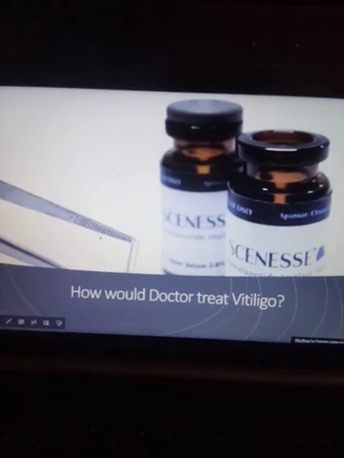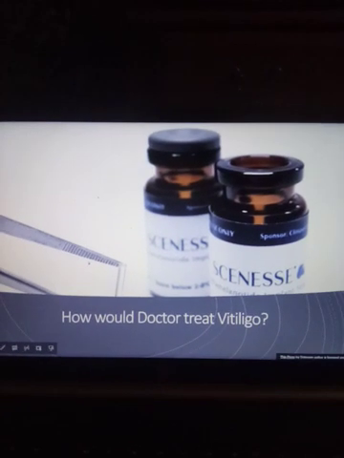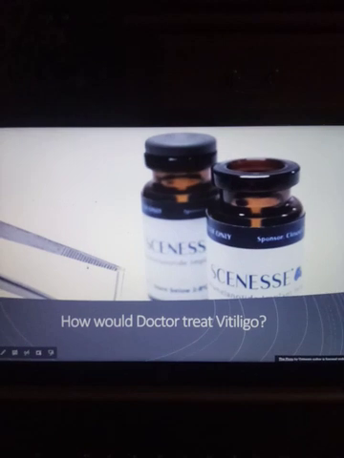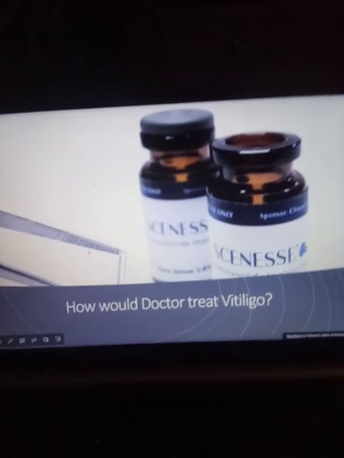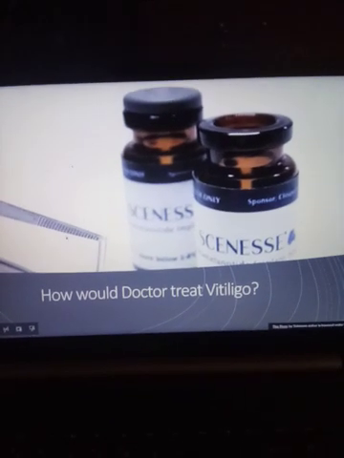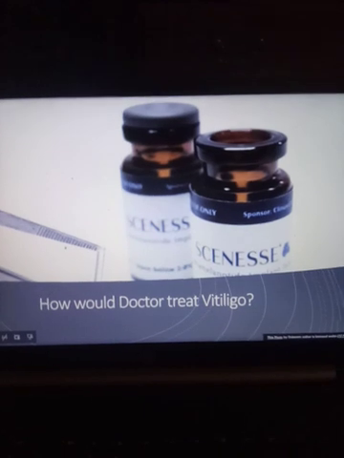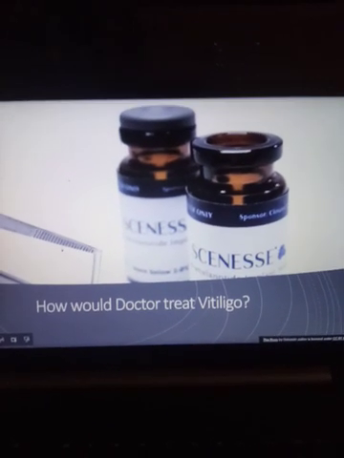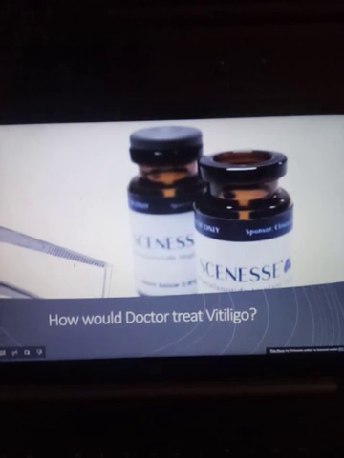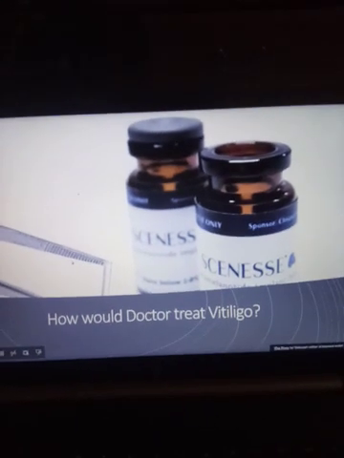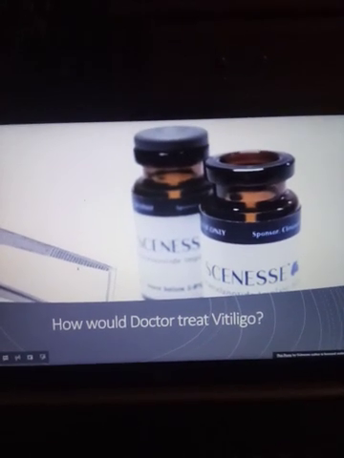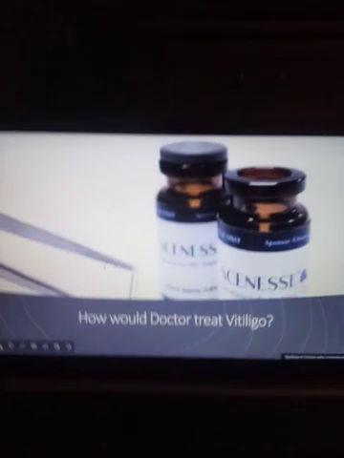Corticosteroid cream and corticosteroid pills are commonly used, and Protopic or Elidel. Also, there is a light therapy. It's phototherapy with ultraviolet B rays, and it has been shown to slow down or stop progression. You would do it 2 to 3 times a week, and you wouldn't see a change for 1 to 3 months.